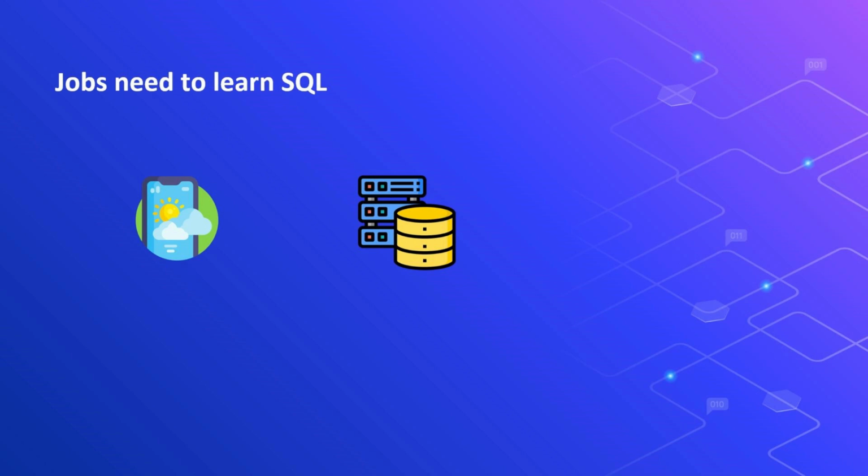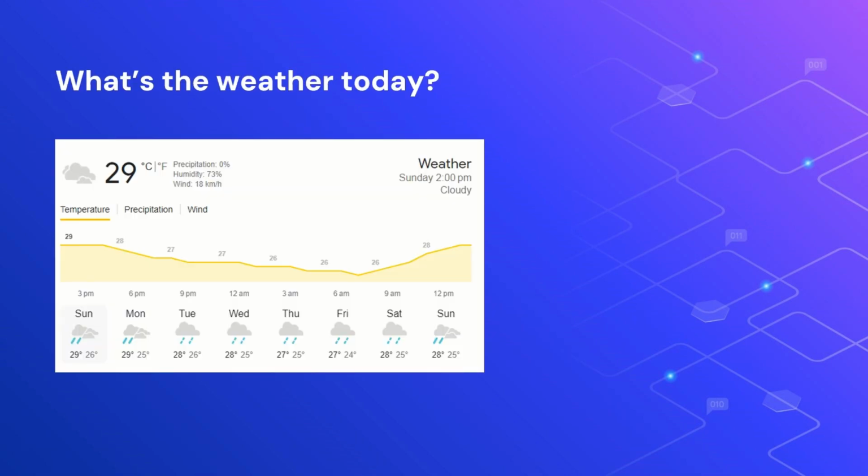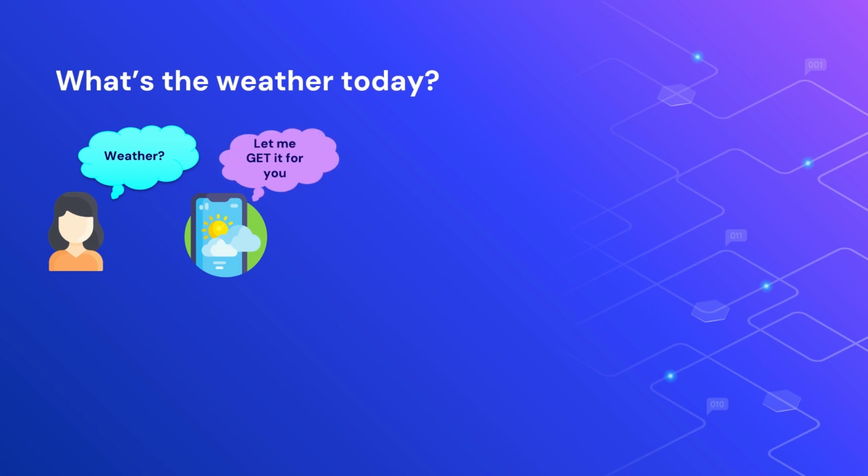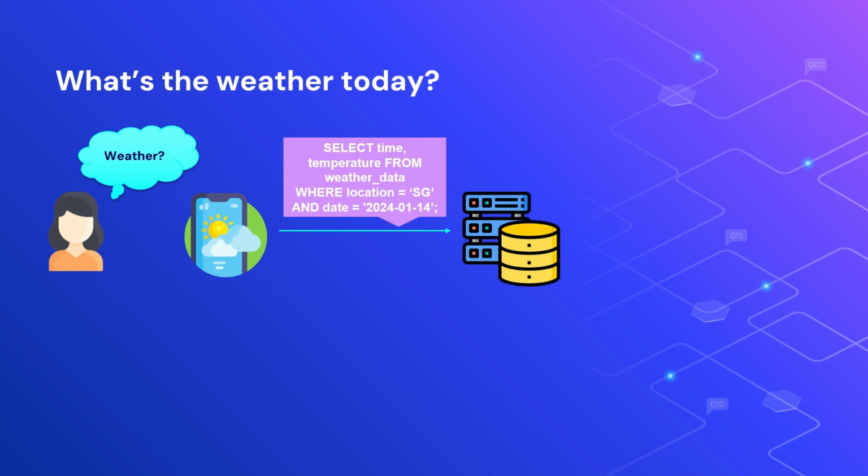The second type of job is more software related. The one interacting with data is not a human but your software. Here, let's say your software wants to answer a simple question from your user: what's the weather today? Well, to present this information to your user effectively, you need to write some code in some programming language, not SQL, let's say JavaScript, to establish a connection with your relational database server and send the SQL statement to the server.